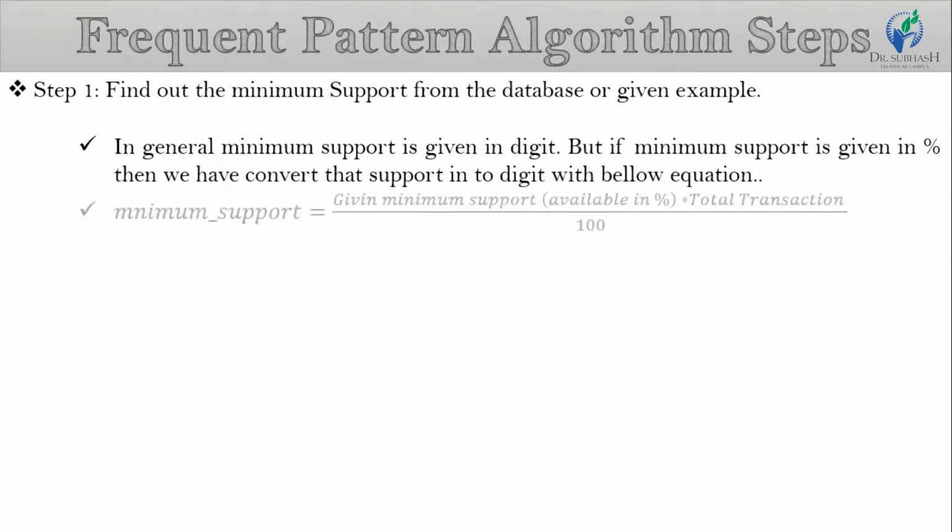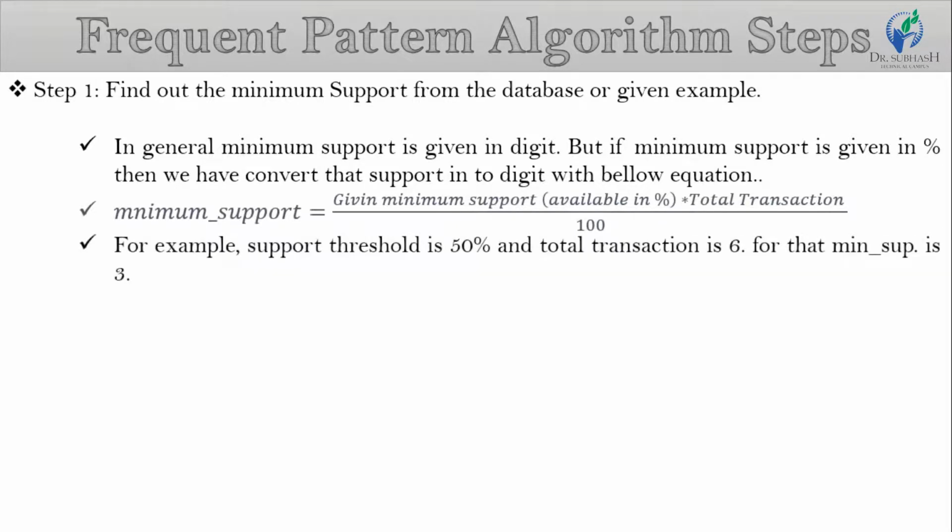So equation is minimum support is equal to given minimum support, which is available in percentage, into total transaction divided by 100. I explain this with example, like for example support threshold is 50% and total transaction is 6. And we put this support threshold and total transaction in our equation, so we find out minimum support is 3.